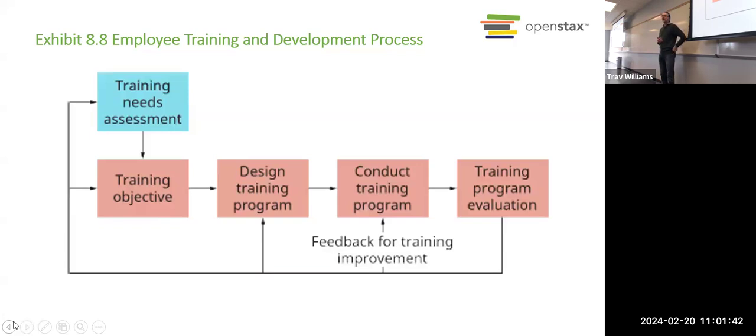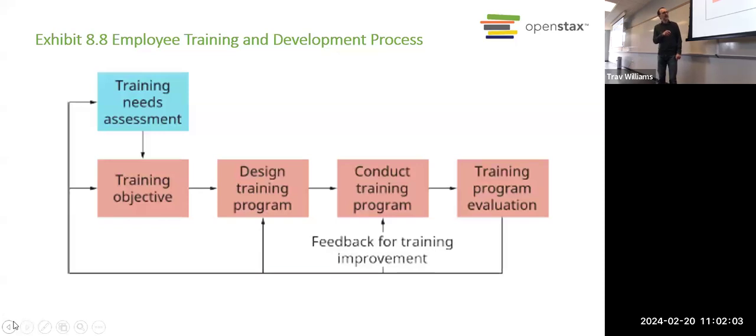So the training department has to come up with a training program. And it has to think about what is it that we're trying to achieve, right? Again, making sure everybody knows how to do their job and do it safely and treat others appropriately.